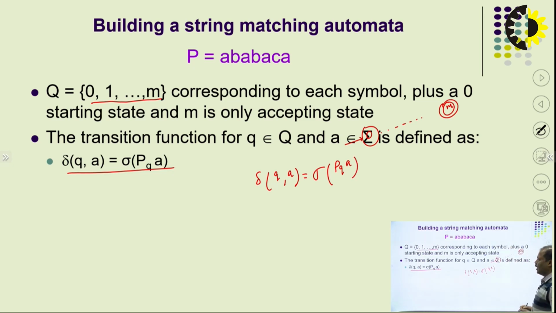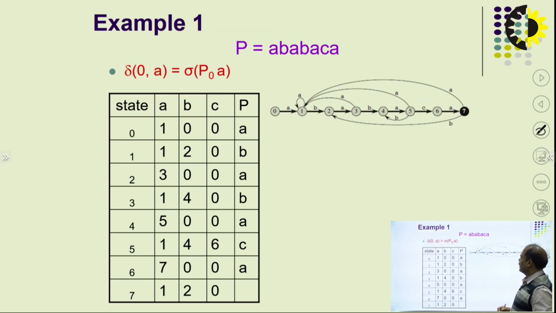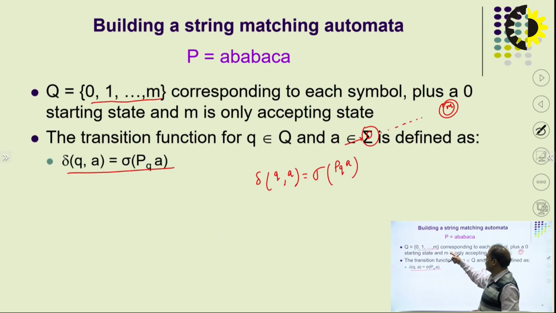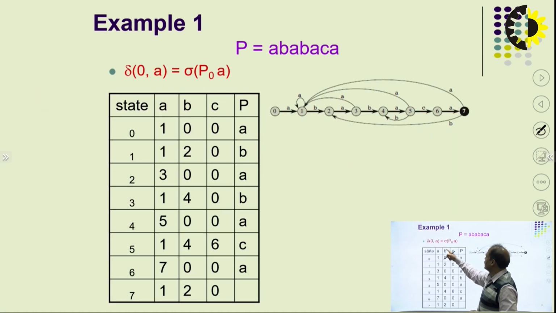That is the idea of the suffix finite automaton. Consider this pattern, and we have to design a transition table. Let's understand how this transition table is designed.